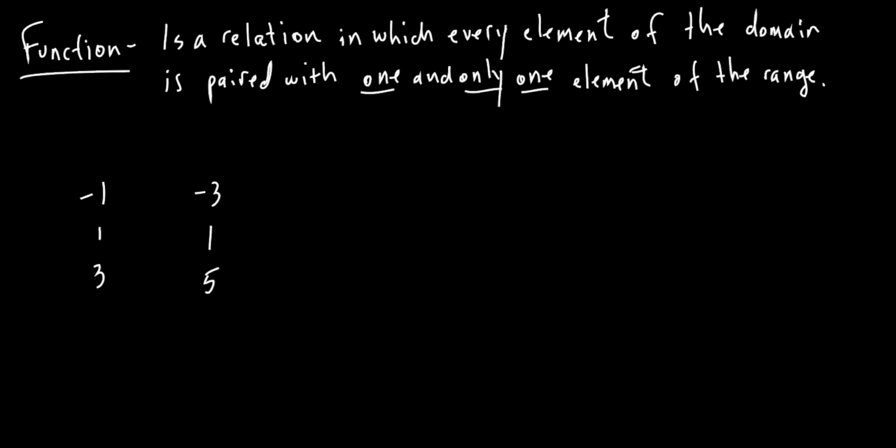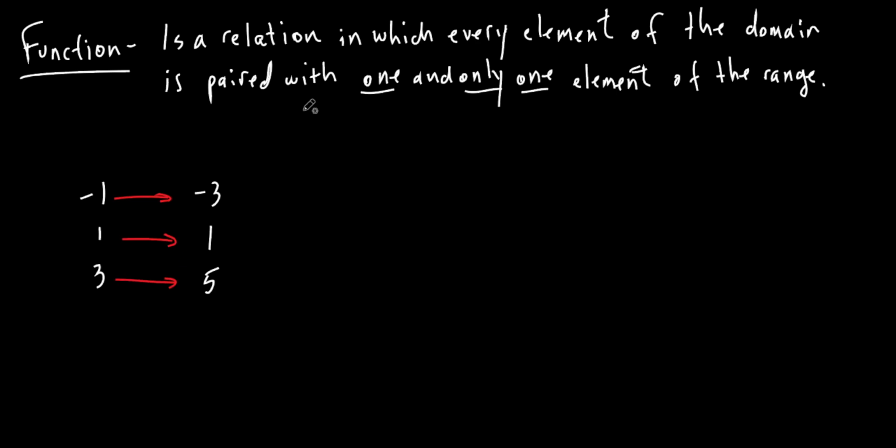Now, you don't know which one goes with what just yet, but they will tell you that -1 maps to -3, or it relates to -3, corresponds with, however you want to say it, goes with. Then 1 goes with 1. And 3 goes with 5.